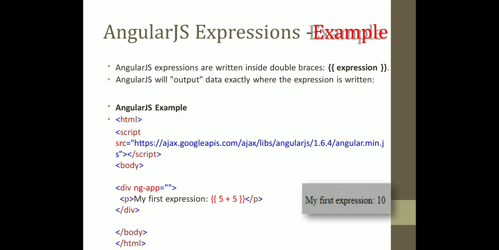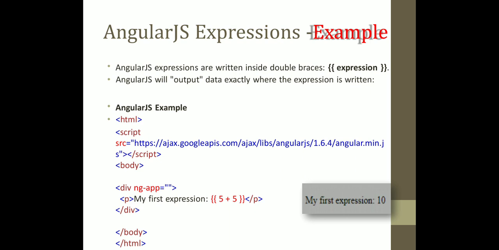We have started the HTML and a script tag with src, provided the Angular link, and ended the tag. Start the body tag, the ng-app directive is used, and in a paragraph, my first expression, and in double braces I have written the expression, 5 plus 5.